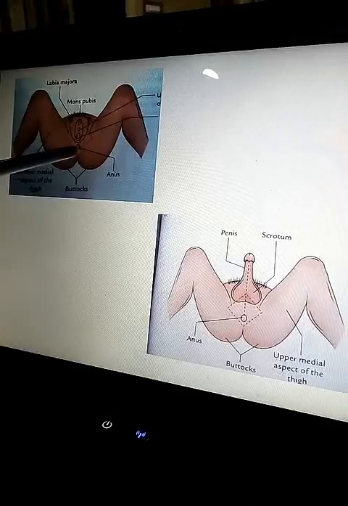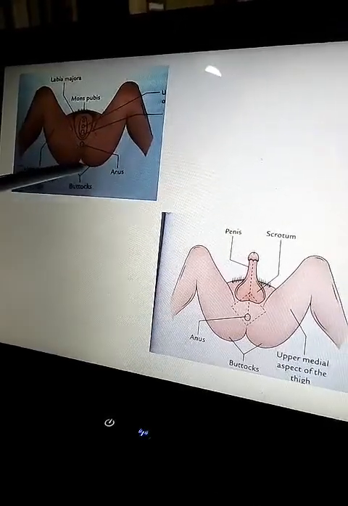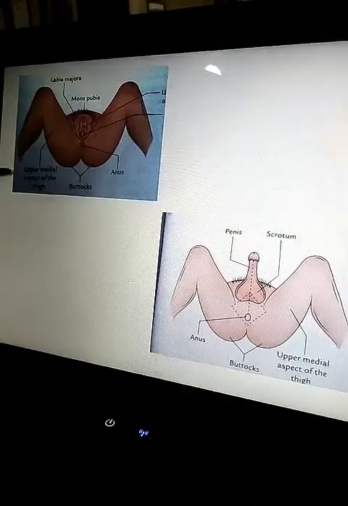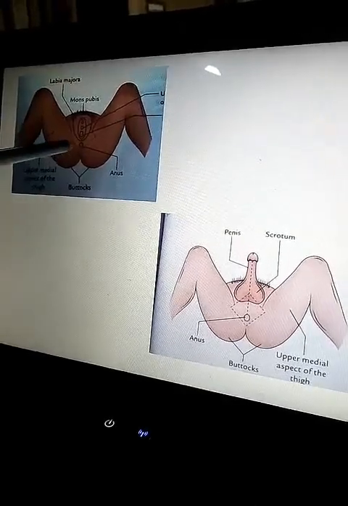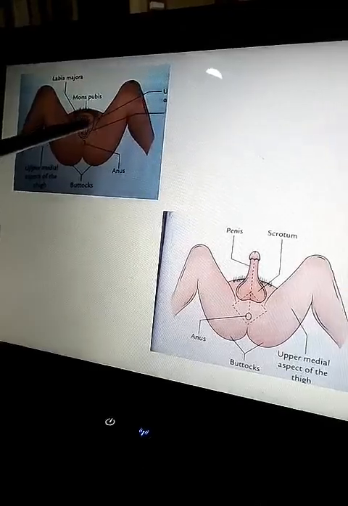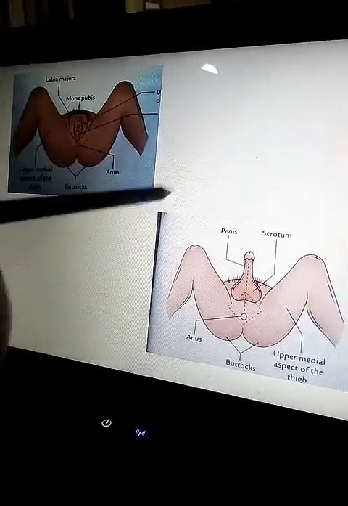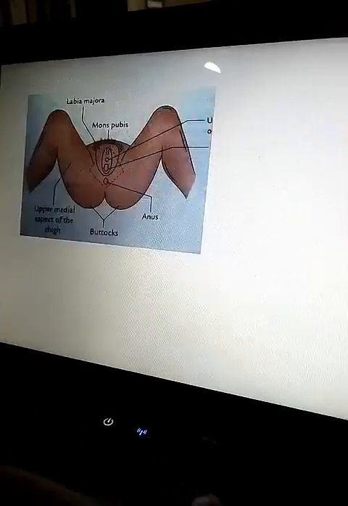Posteriorly, it is bounded by the buttocks. On each side it is bounded by the upper medial aspect of the thigh. So these were the superficial boundaries.